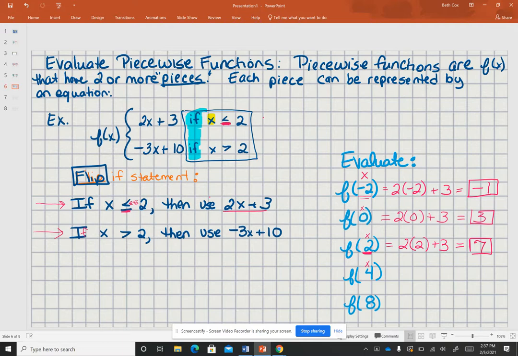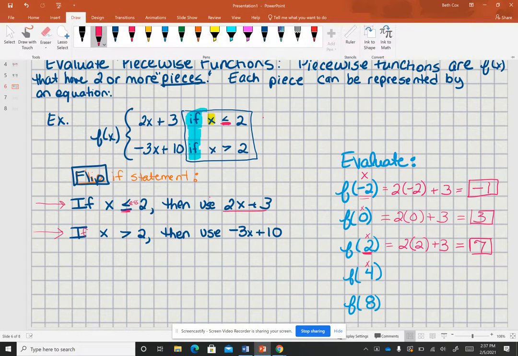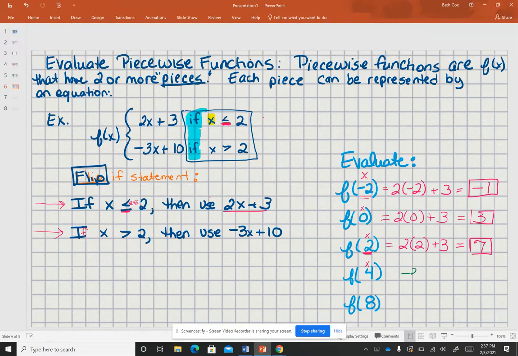Is my x greater than 2? Ah, it is. So I'm going to use the second one. The second one says negative 3 times x plus 10. And I'm going to plug that in. And I get negative 12 plus 10 is negative 2.